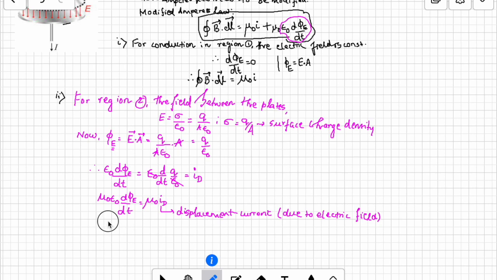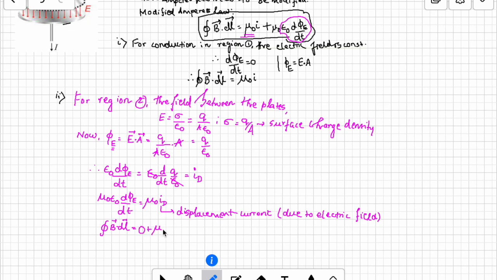considering this equation, we can simply say that integration of b bar dot dl bar is equal to the first term, which is actually nothing but mu naught I, is actually 0 because it does not have any current, or we can say it does not have any kind of conduction current. It simply has the displacement current.